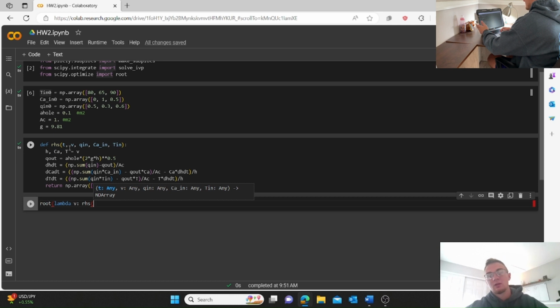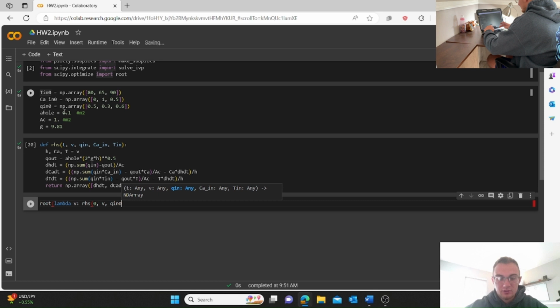And then we can supply what we have here. For time, it's not used anywhere in these expressions, so I'm just going to put 0 for it. It doesn't really matter. We'll have v, our vector of unknowns, and then we'll supply our initial temperature, concentration, and flow rates into the tank. So Q naught, Ca_in, and Tin naught.